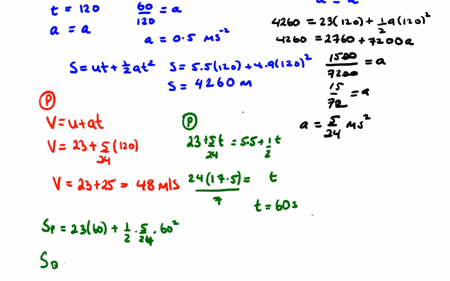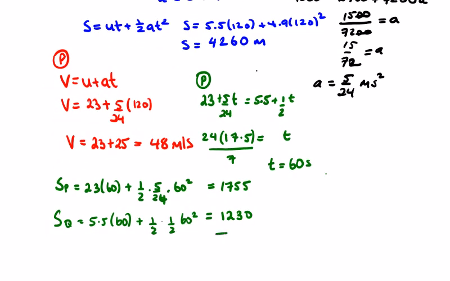And the distance for Q is going to be the 5.5 by 60 plus a half a, which is also a half, by t squared. And these give answers of 1755, 1230, and the difference between these is 525 meters.